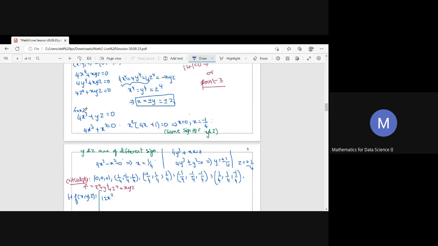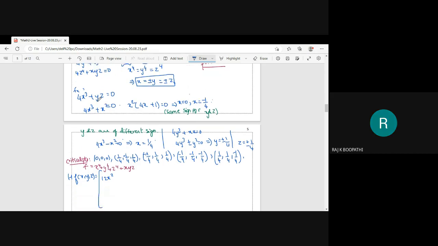And what is your fxy? This is your fx, so what is fxy? It is z. And what is your fxz? It is y. Fxy means first we differentiate with respect to y and then with respect to x; whatever it is, it is going to be the same for this kind of function.